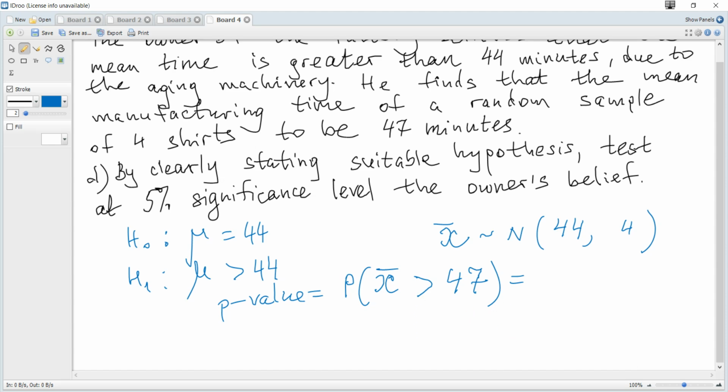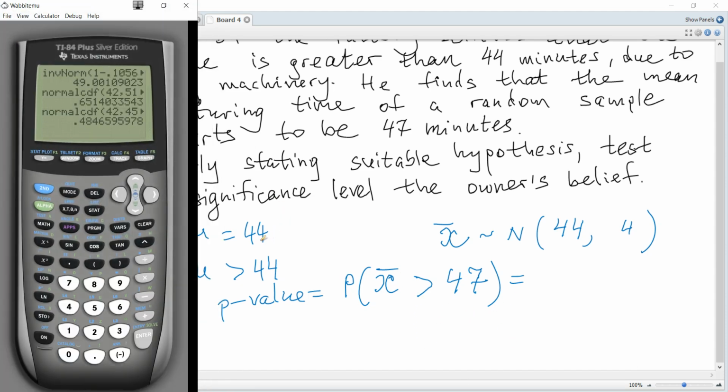And just using a calculator, normal CDF, lower 47, upper in general plus infinity, but 1000 is enough, and mu 44, but sigma, 4 is the variance, and the standard deviation is the square root, so it's 2, not 4.